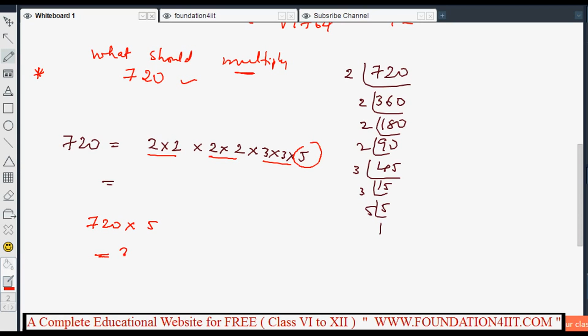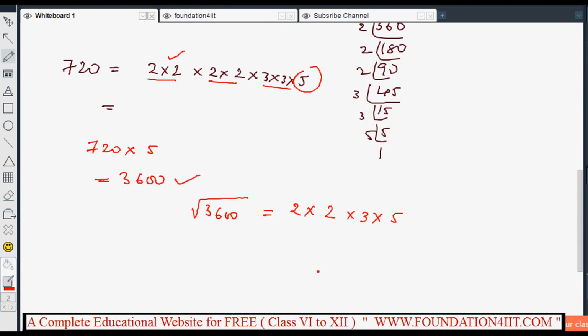That is 3600. So 3600 is the perfect square. Therefore, the square root of 3600 is equal to, because of these 2s, one 2 I can take, and one more 2, another 3, and only 5 extra, one 5 multiplied, so another 5.